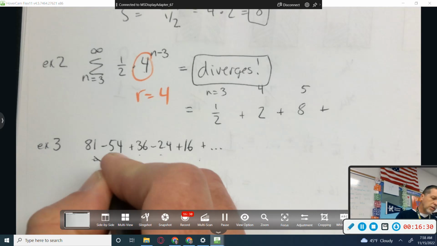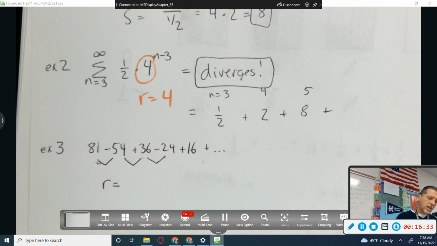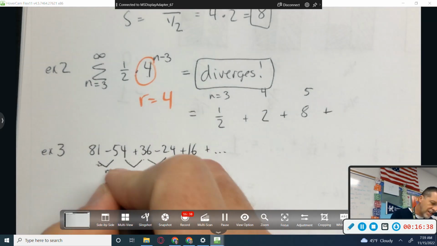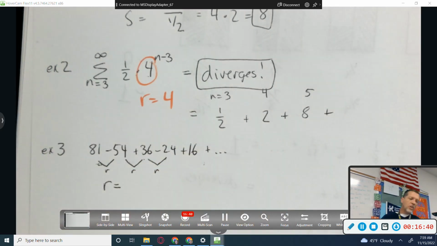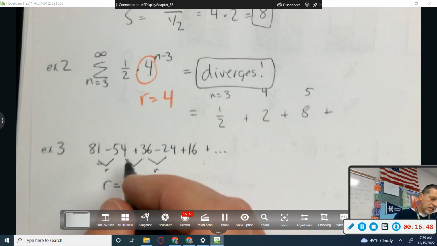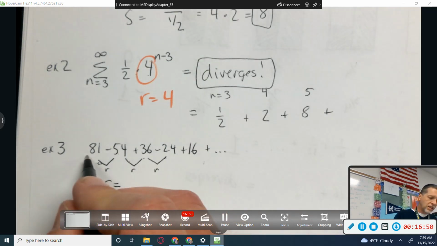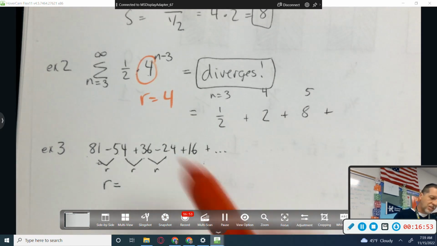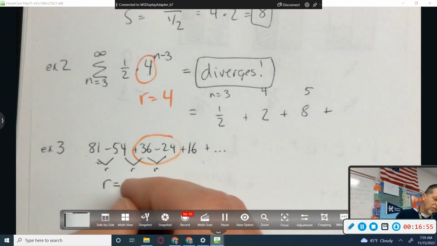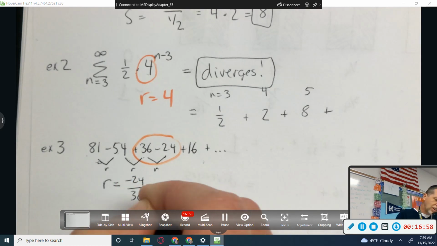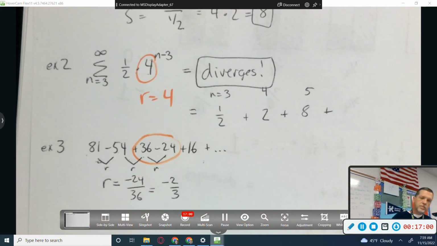How do I figure out what we multiply by? r is always any term divided by the previous term. So pick any term you like and divide it by the previous term. So we could do negative 54 over 81, but it might be easier to do something that's easier to reduce. We're multiplying by negative 2/3 each time.